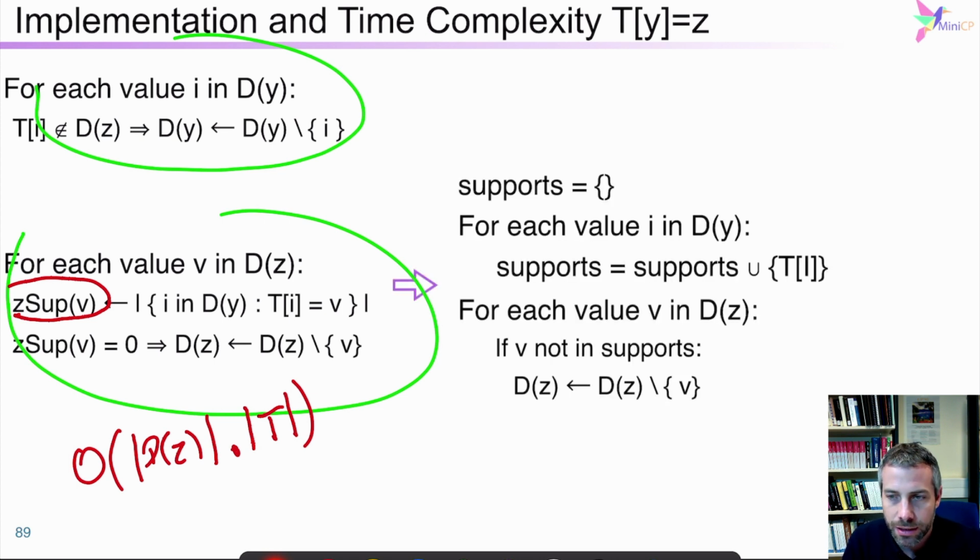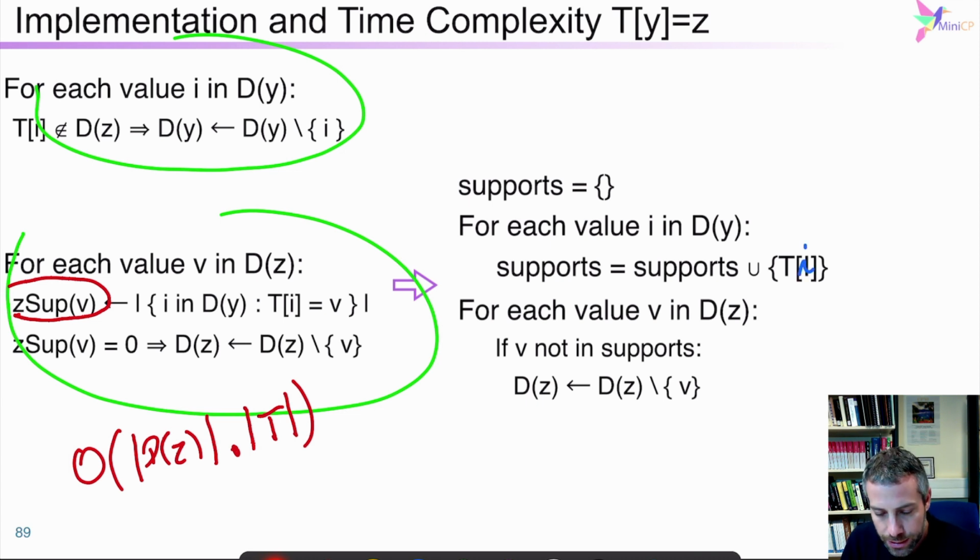Instead of that one, I can use another approach. I can compute first the set of the supports, the set of the values that are still supported, and I will compute them in the other direction by iterating over the domain of the variable y. For every value in the domain of y, I collect all the corresponding entries in t.